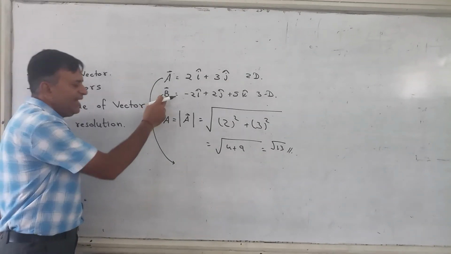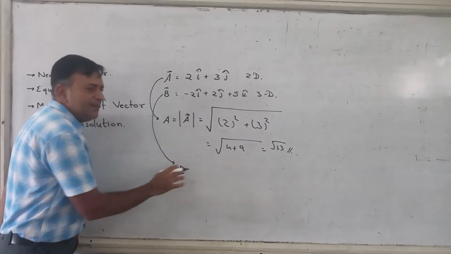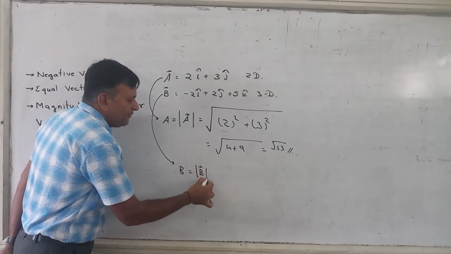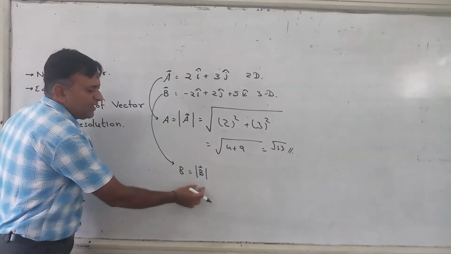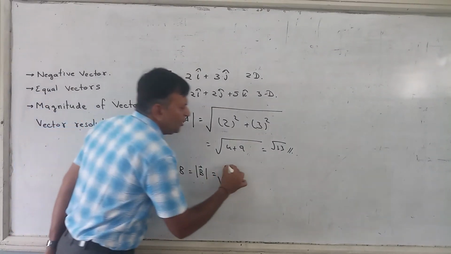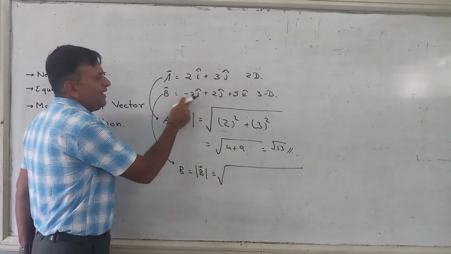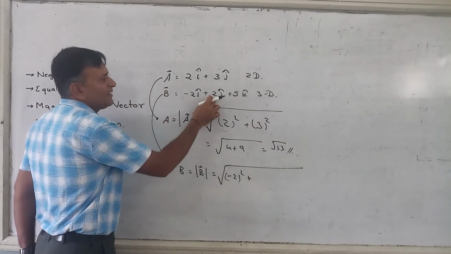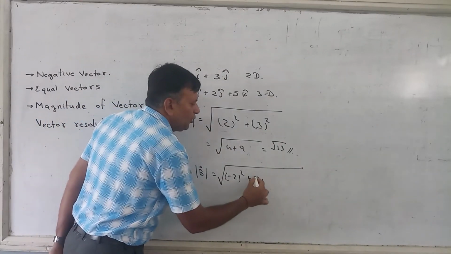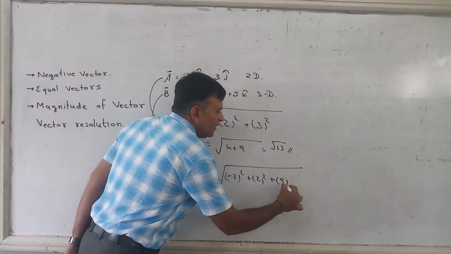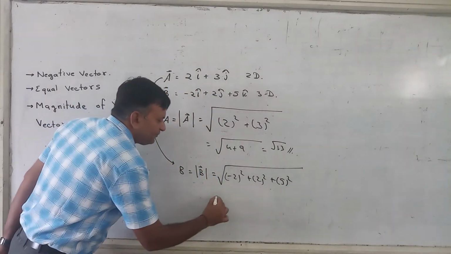Again very simple, it can be represented like this. Simply write down B, or you write down vector B and put a modulus over it. Modulus means magnitude. Okay, put a square root. The first number is -2, so -2 has to be squared, plus the second number is again 2, 2 has to be squared, plus the third number is 5, square it.